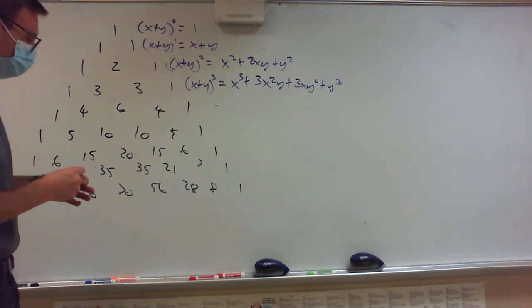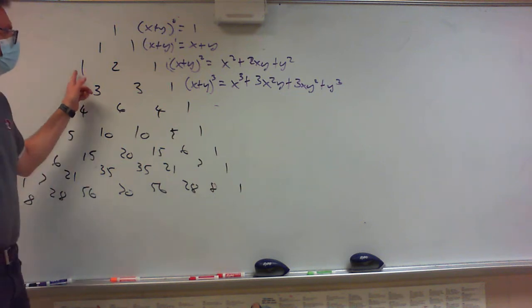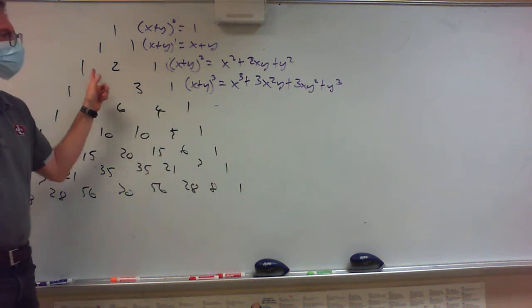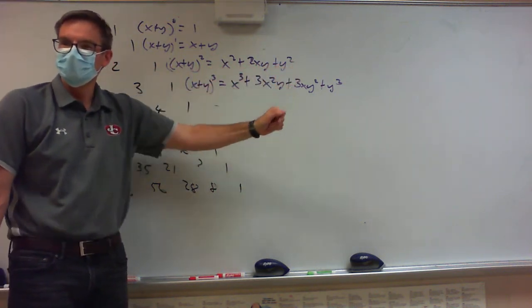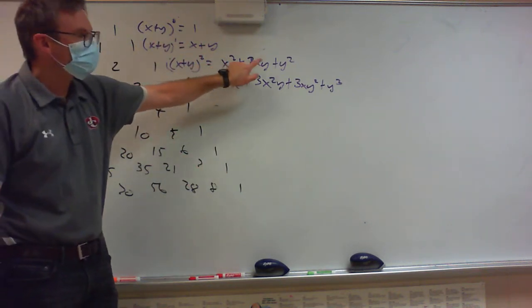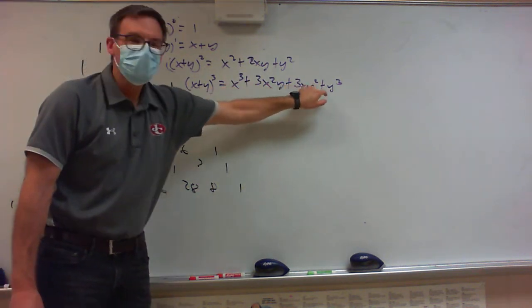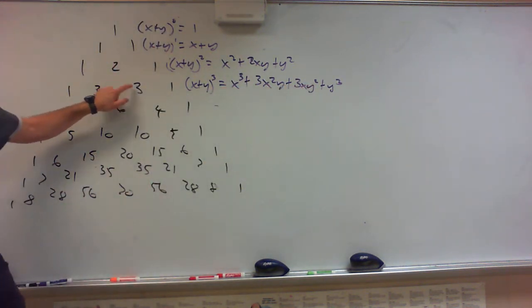Why am I doing that? Well, do you notice Pascal's triangle are the coefficients of these things? See, there's a 1 and a 1. That's the 1 and the 1. The 1, 2, 1. 1, 2, 1. This is 1, 3, 3, 1. 1, 3, 3, 1.